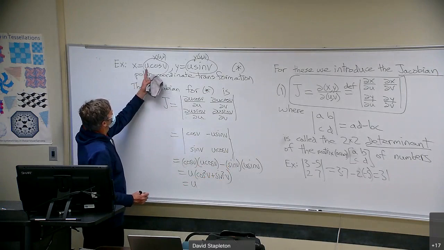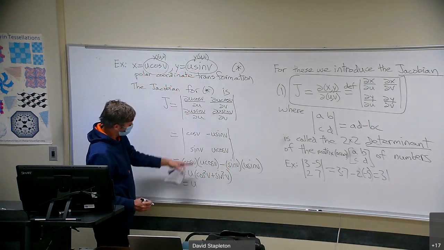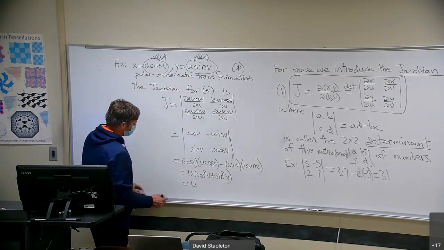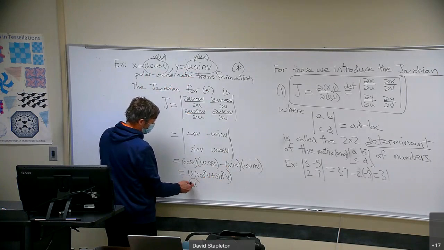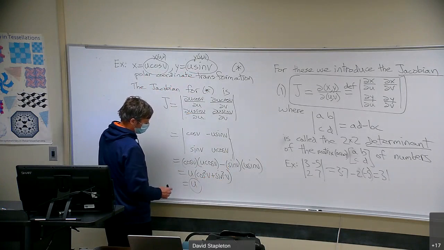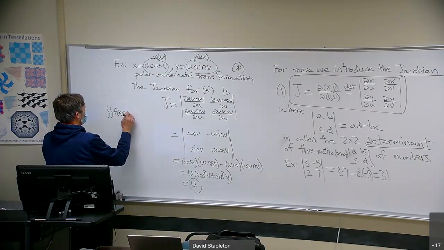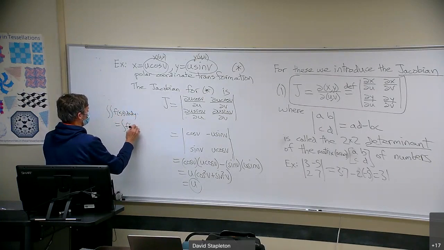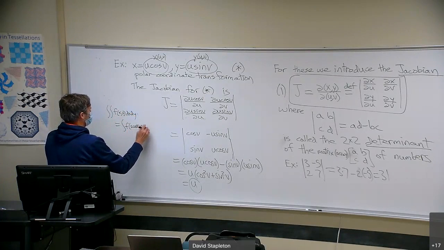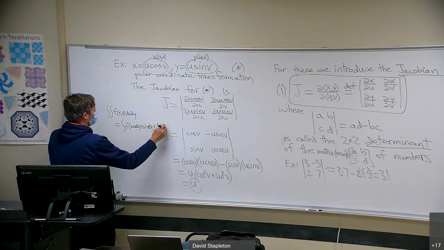If this had been written r cosine theta and r sine theta, this would come out to be r. Precisely the transformation factor that you have in transforming your integrals. In other words, if you have a double integral of f of x, y with respect to x and y, you can rewrite it as a function of r cosine theta and r sine theta, and replace the dx dy with r dr d theta.